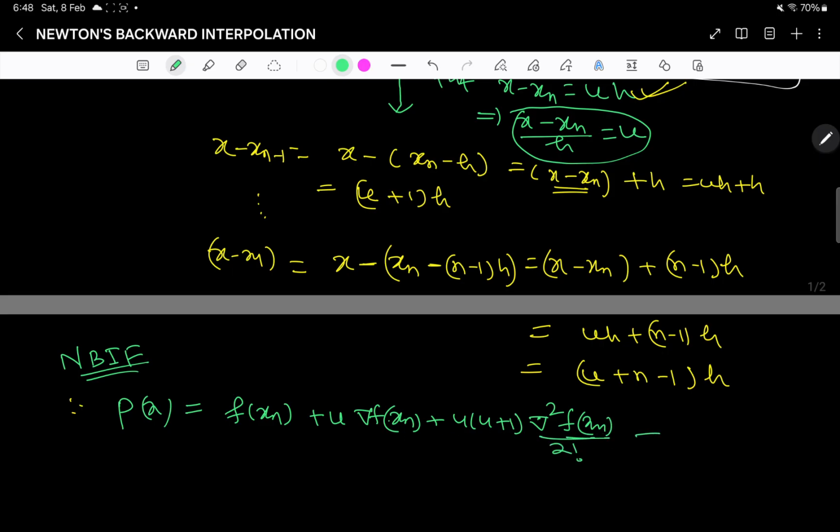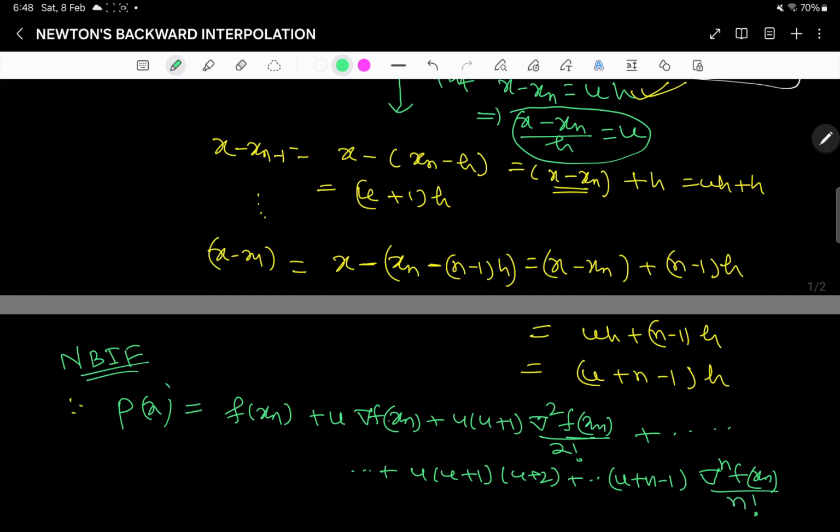And if you go on continuing like this, it is u plus 1, then u plus 2, it will come up to u plus n minus 1, del n fn by factorial n.